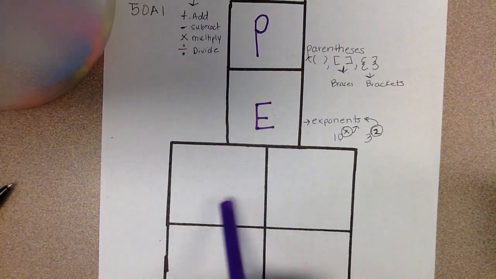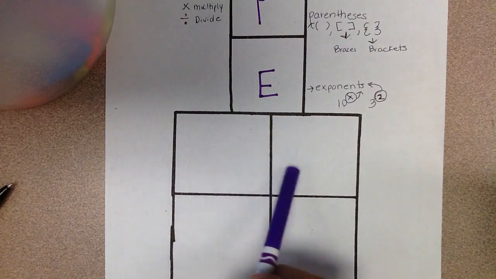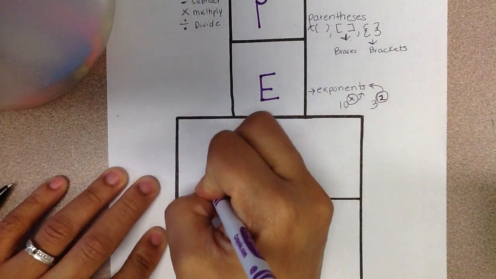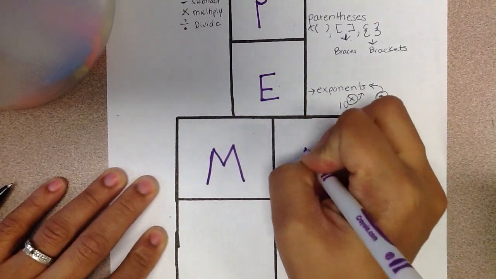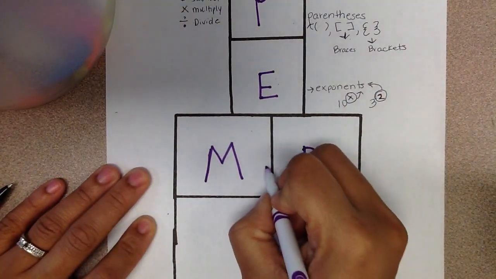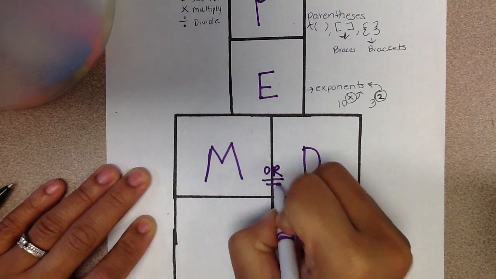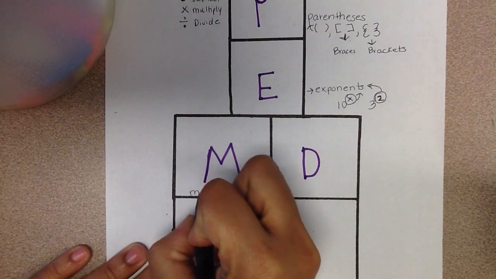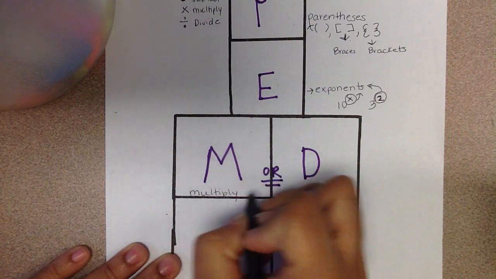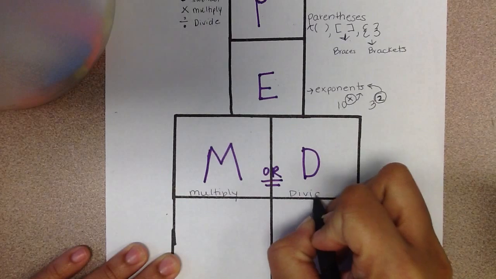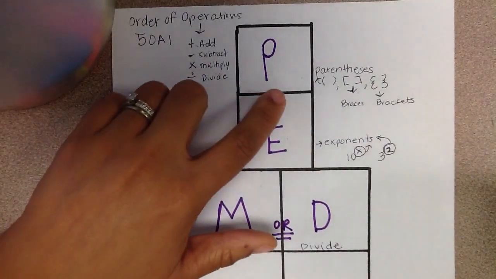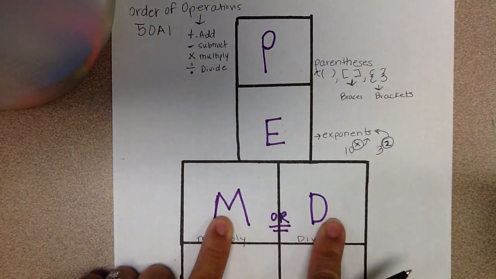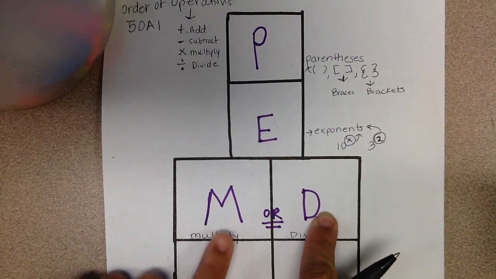All right? Now these two boxes are different because they're two boxes side by side. The next two boxes are going to be M and D. And in the middle, I want you to write the word OR. Okay? So for the next step, this M stands for multiply, and the D stands for divide. Now, after I've solved my parentheses, after I've solved my exponents, then I'm going to either multiply or divide. Okay? Now, how do I know which one to do?